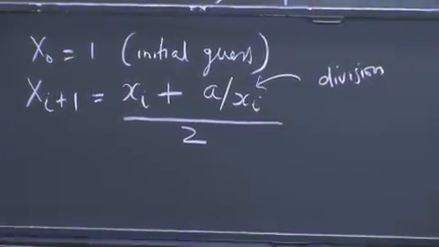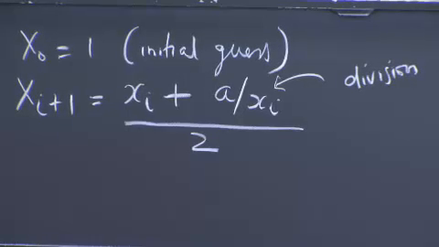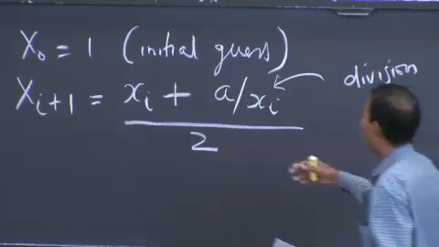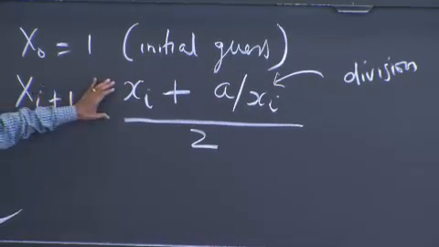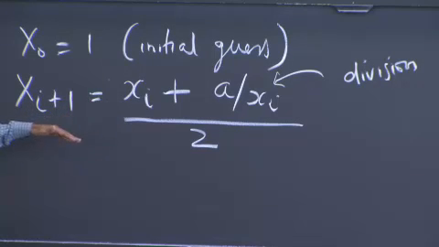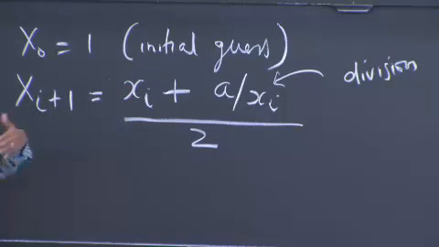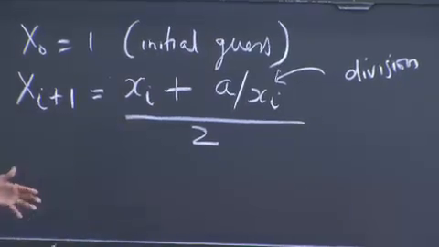I said a couple of things, that you are going to have a quadratic rate of convergence. The precision with respect to the number of digits is going to increase by a factor of 2 every iteration.